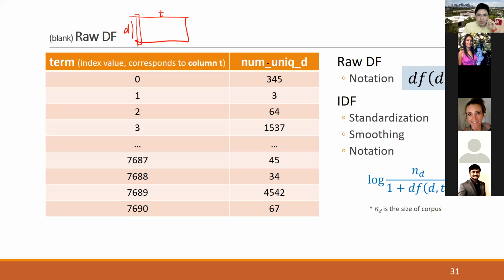So you take the unique sum of all the columns, and in the end you get a column. This can be thought of as the index of terms. So for each term, how many unique documents contain this term?